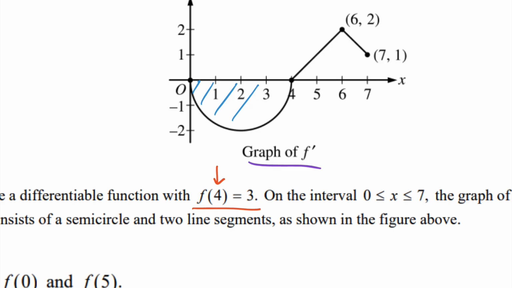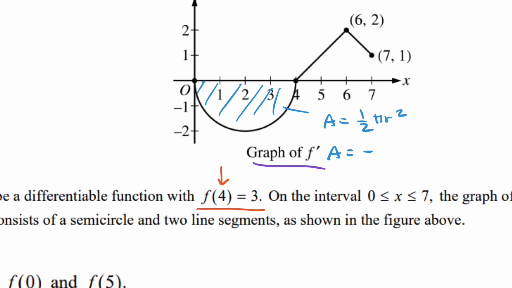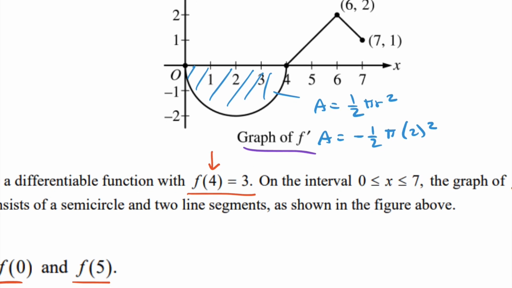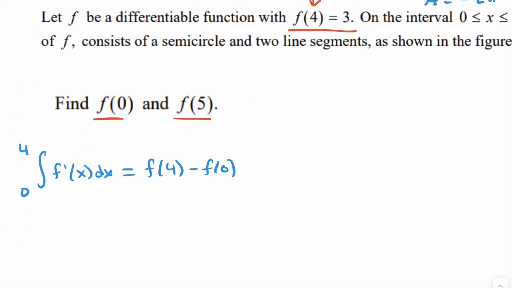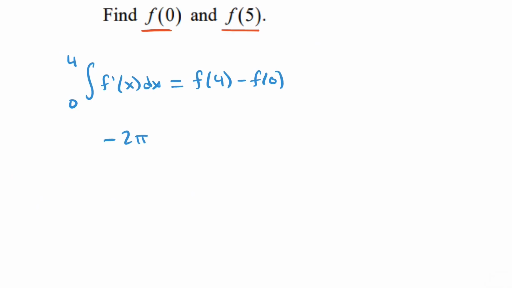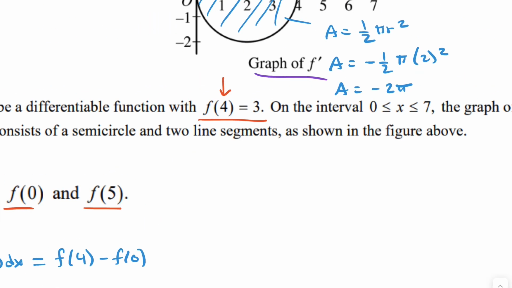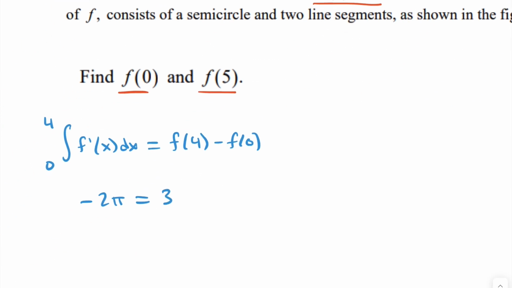The area is 1/2 pi r squared, but it's also in the negative quadrant. So the area is negative 1/2 pi, my radius is 2. Negative 2 times 2 is 4, half of that is 2. Area is negative 2 pi. Negative 2 pi gets replaced in for the accumulation from 0 to 4. f of 4 was given to me. It's a value of 3.